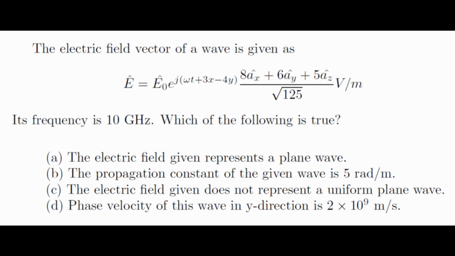So in a multiple select question, there are more than one answer choices which are correct. So you have to choose all the choices which are correct for this question. To solve the multiple select questions like this, let's go through each option one by one. So the first option A is the electric field given represents a plane wave. So let's investigate this.